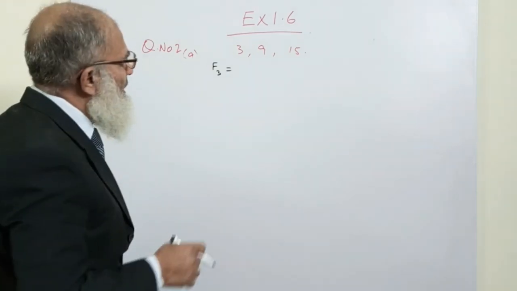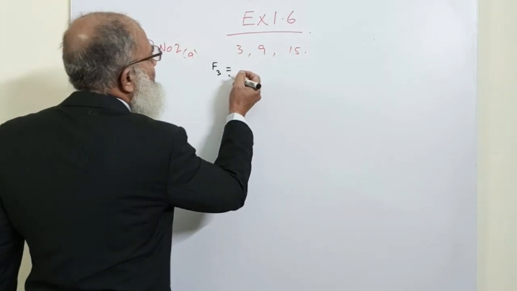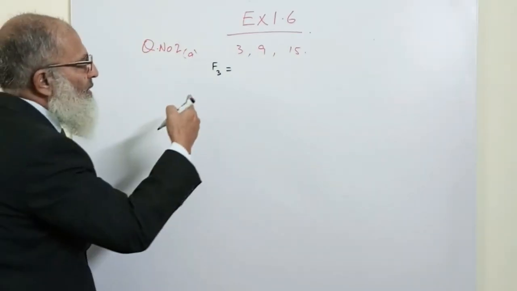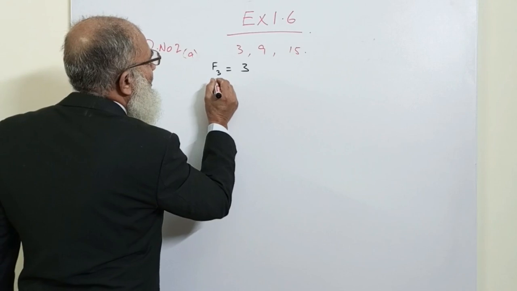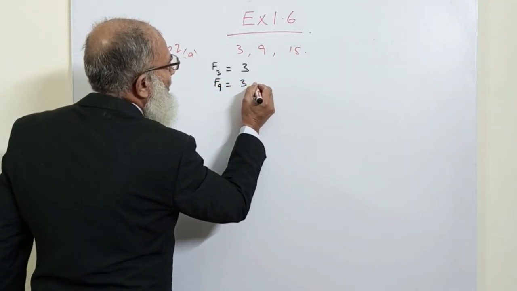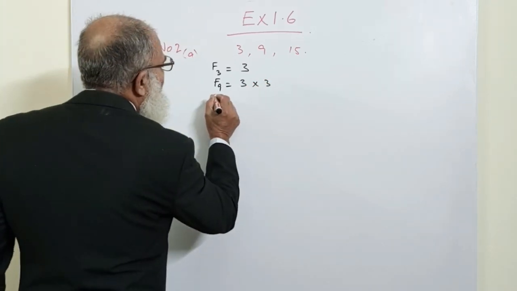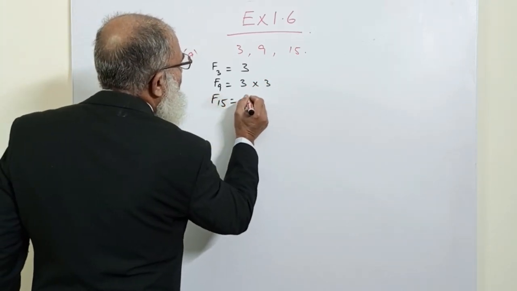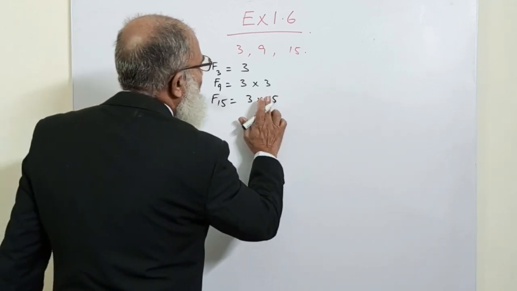I'll tell you an advanced method later on, but you just practice this method over here. Now 3, and F9 is 3 and again 3, and for F15 we have to write 3 multiplied by 5.